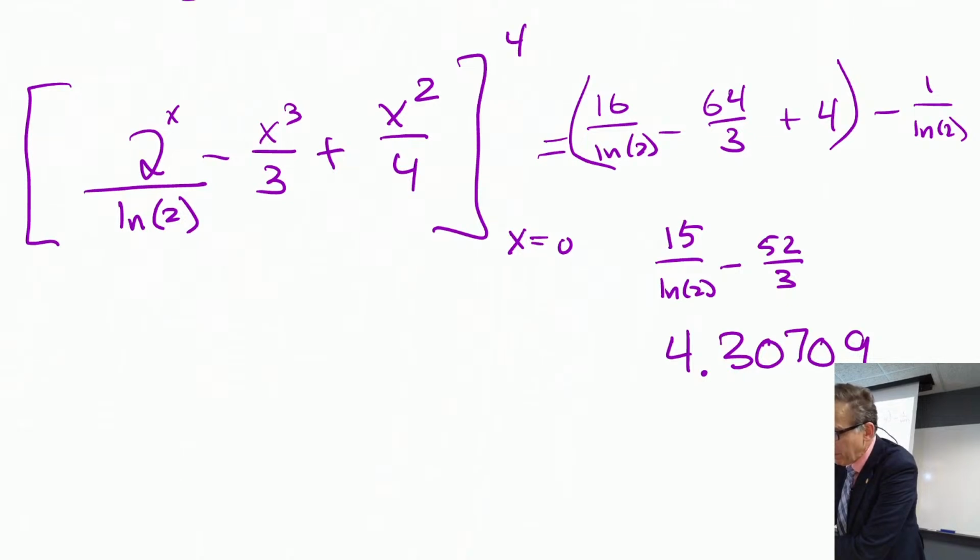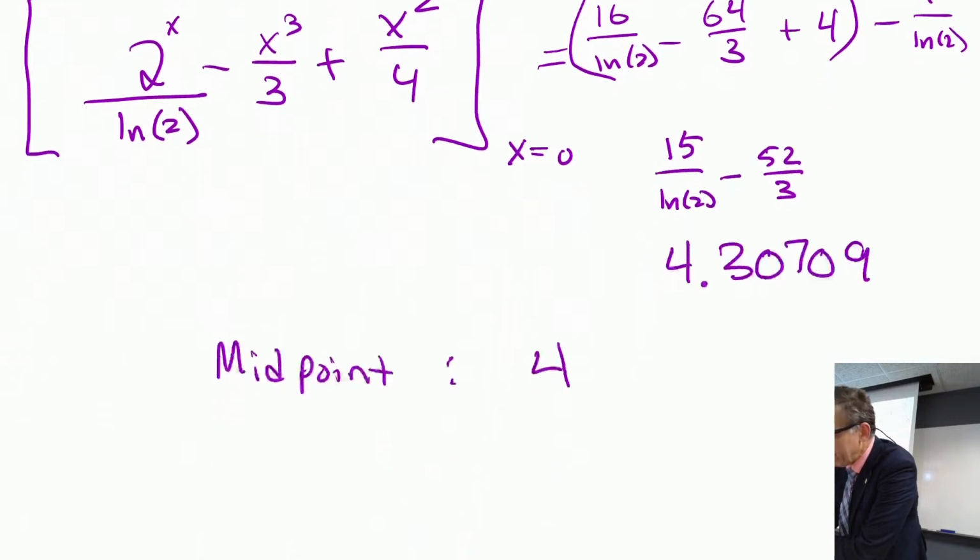I remember the midpoint rule was 4. So with the midpoint rule, I was off by 0.307. Simpson's rule was 4.667, and so I was off by actually a little bit more.